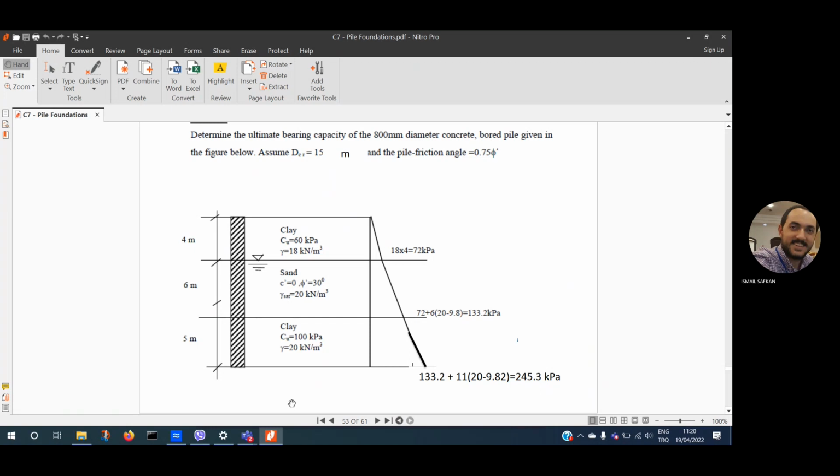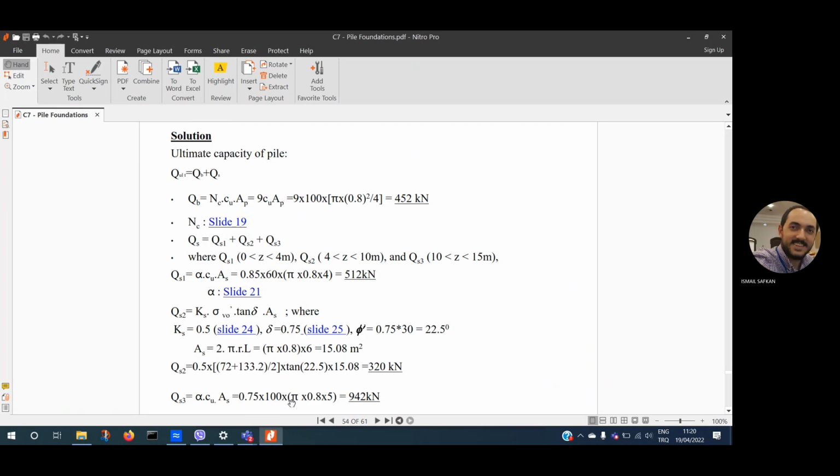This pile is basically floating inside the soil, right? It doesn't touch any hard soil. The suggestion of the design code says 9 Cu is the quantity that you are allowed to use for the base only, if clay.